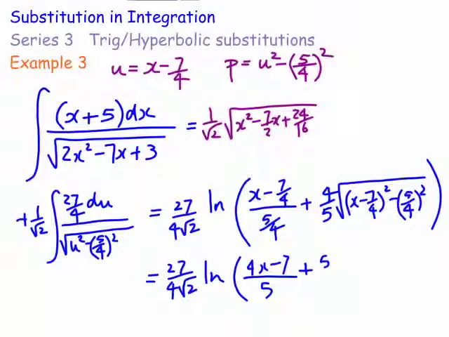Then we can simplify the expression inside there as we did before for the other part, and that turned out to be the same as the other part. So it would be 4 on 5 times the square root of x squared minus 7 on 2x plus 24 on 16, which we could actually write as 3 on 2, if we wanted to. So we could tidy that up slightly.